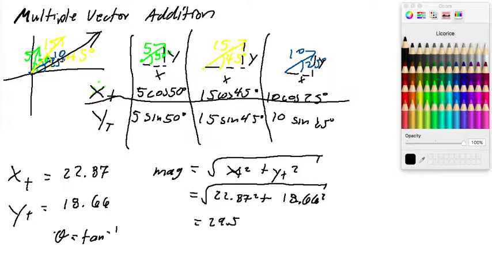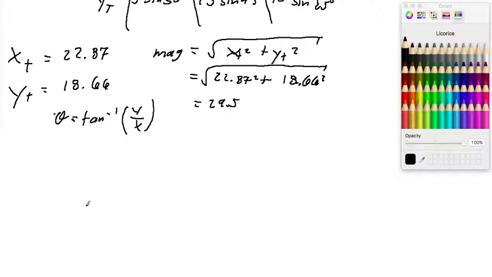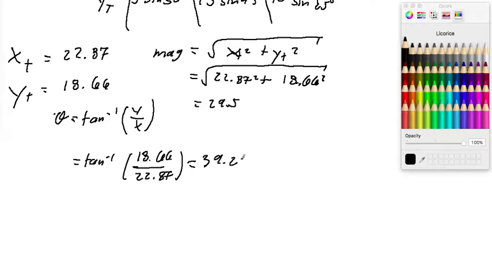We're going to do the arc tangent or inverse tangent of y over x, which in our case is the inverse tangent of 18.66 over 22.87. And that gives us 39.2 degrees.